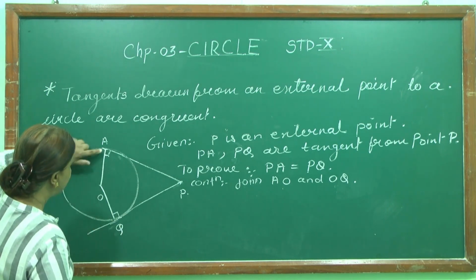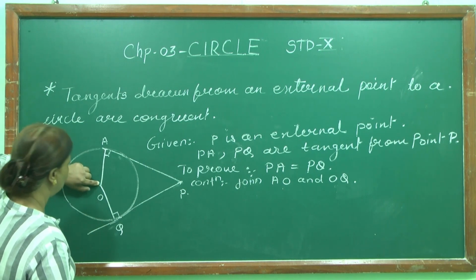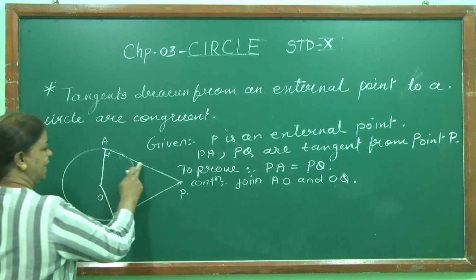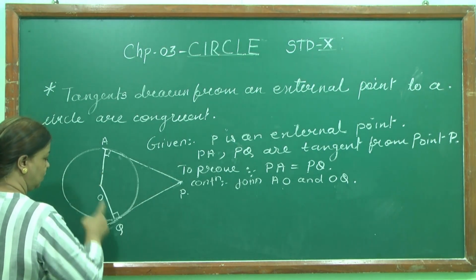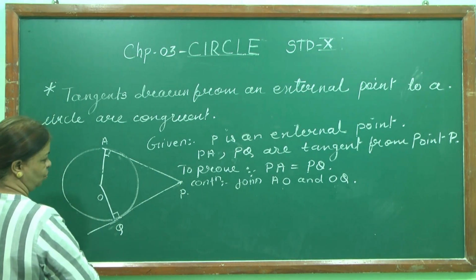Children, OA or AO is going to be perpendicular to this tangent by tangent and radius which are perpendicular. OQ is going to be perpendicular to PQ.